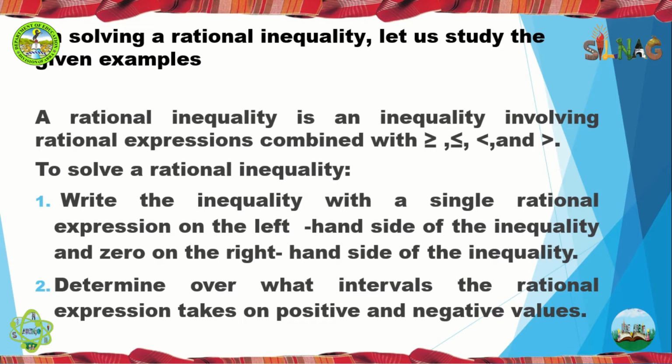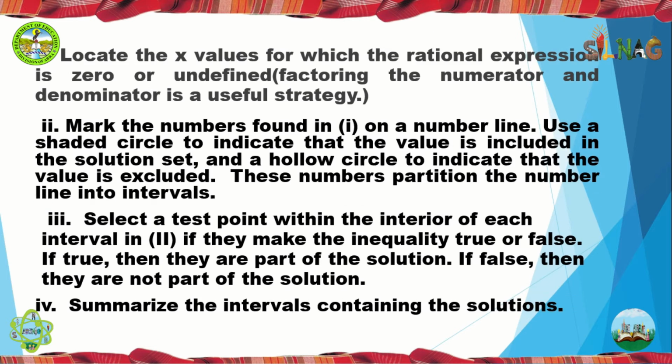Number 2, determine over what intervals the rational expression takes on positive and negative values. The first step in number 2 is you locate the x values for which the rational expression is 0 or undefined.